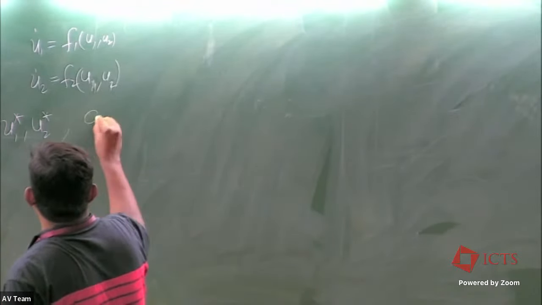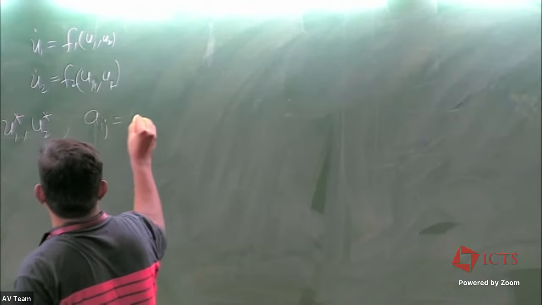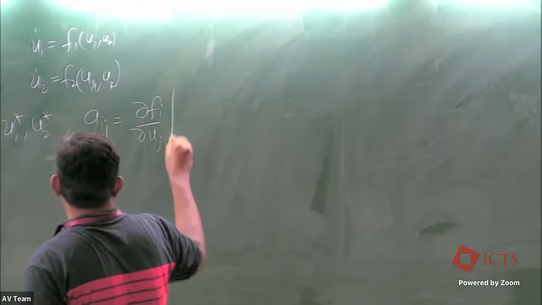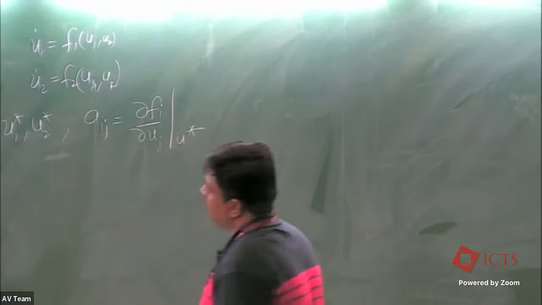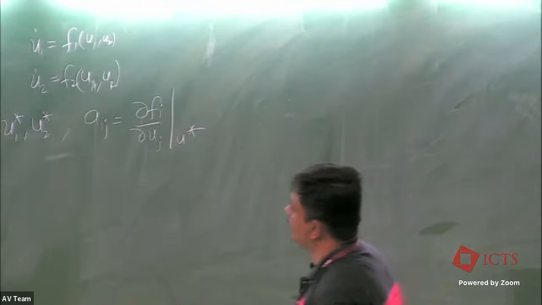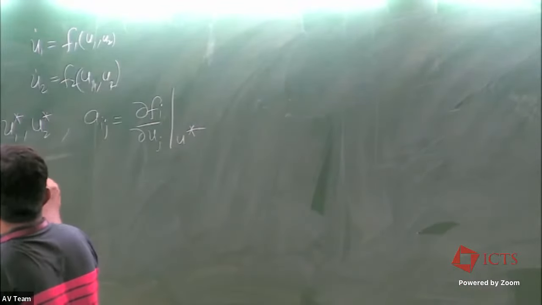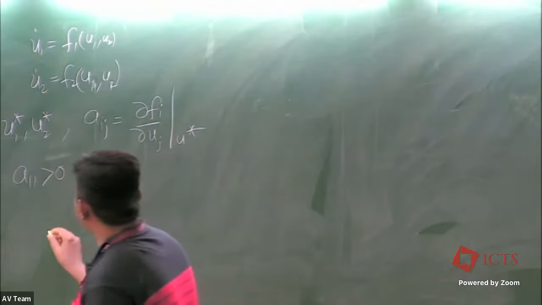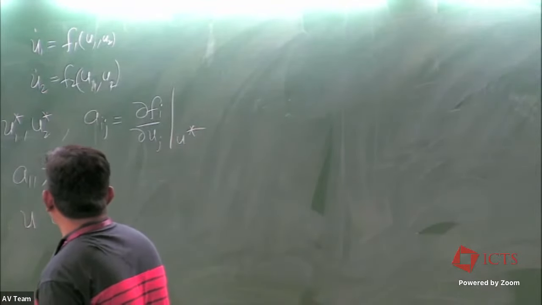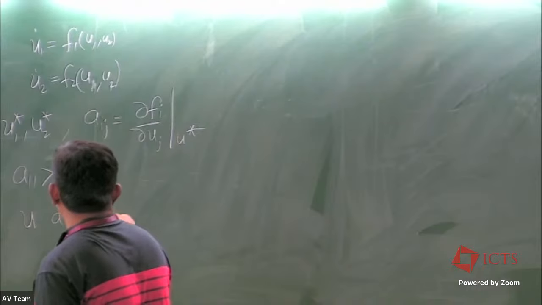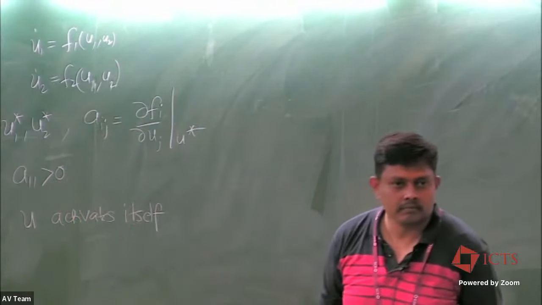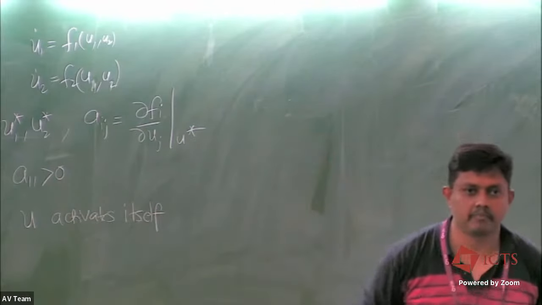And we evaluated the Aij as basically the derivative of Fi with respect to Uj, but at the fixed point, U star. So if something like A11 is positive, what does that mean? That means U1 activates itself. U makes more of itself. There's a positive feedback.